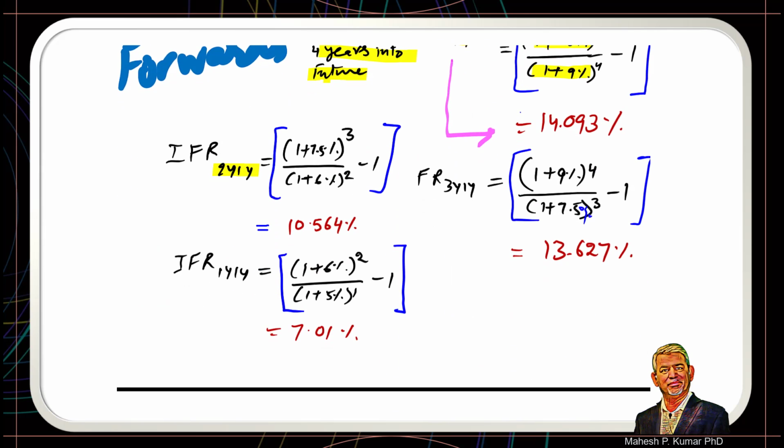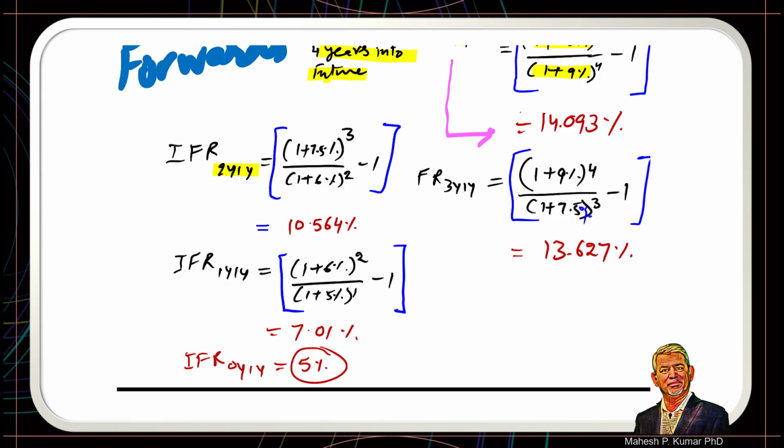Otherwise we can clearly write here that the implied forward rate 0y1y is nothing else but the spot rate of year 1, and it is 5%. Even if we do the calculation the way we showed in the formula, it still comes out to be 5%. So this is now the relationship between spot rates as well as forward rates.